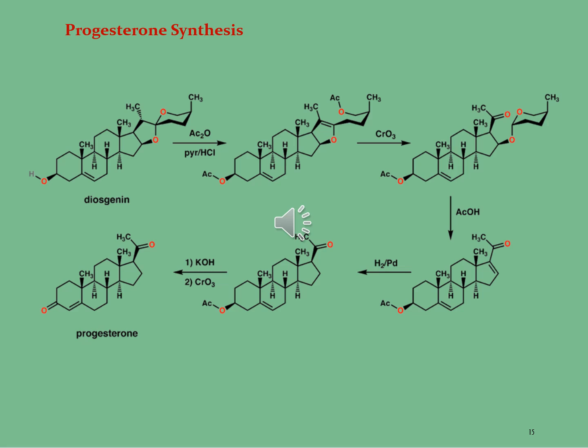In this way we get the final product, progesterone, in which a carbonyl group is present at carbon 3 and a double bond is present at carbon 4, as well as an acetyl group at carbon 17 by the addition of two methyl groups. So this is the general mechanism for the synthesis of progesterone, which is known as the in vitro study of the whole procedure.